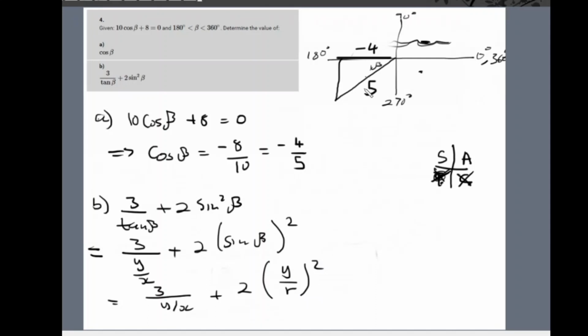We know the value of r is 5 and the value of x is minus 4, but we don't know the value of y.